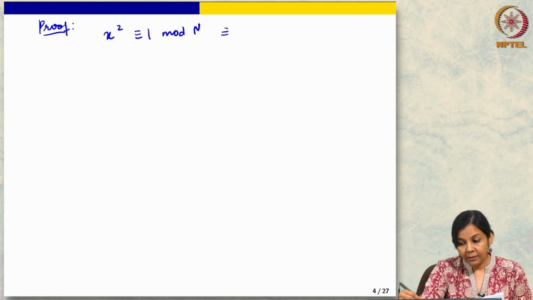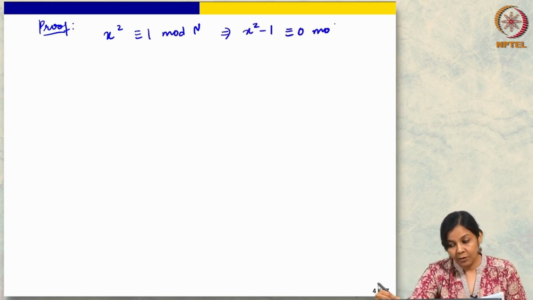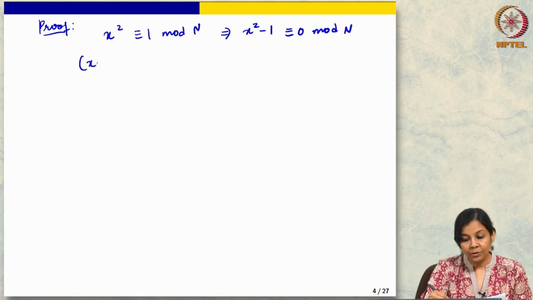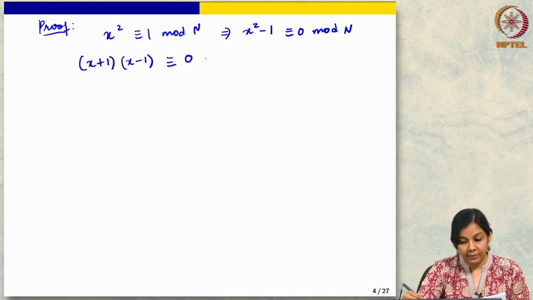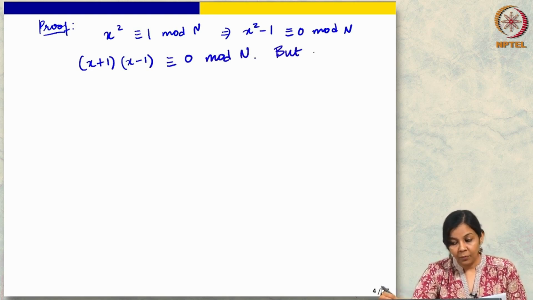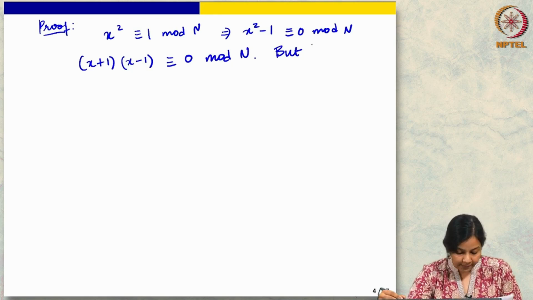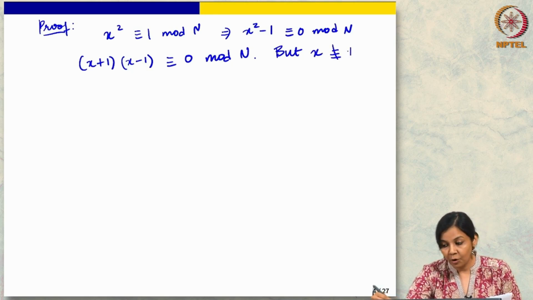So, this in turn implies that x square minus 1 is 0 mod n, which means that x plus 1 times x minus 1 is 0 mod n, but we know that x is a non-trivial square root. So, x is not plus minus 1 mod n.